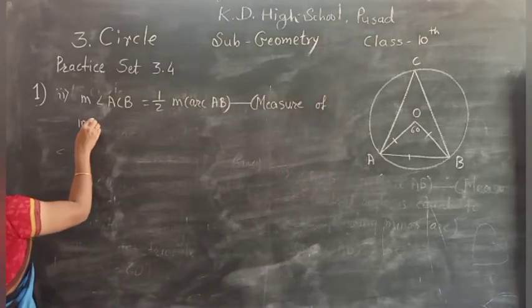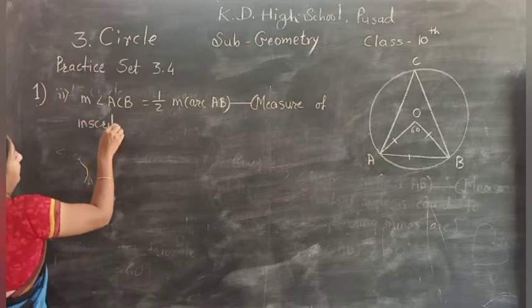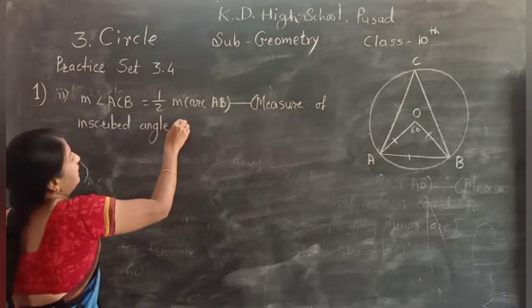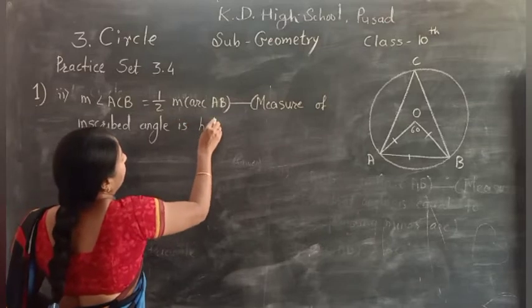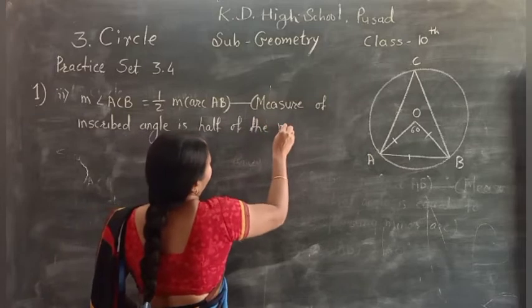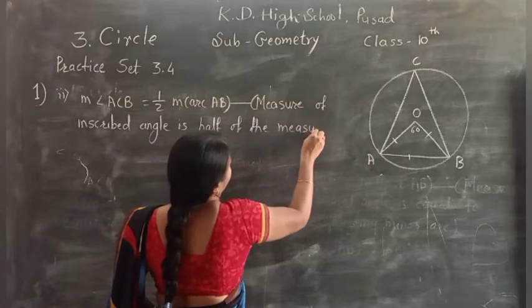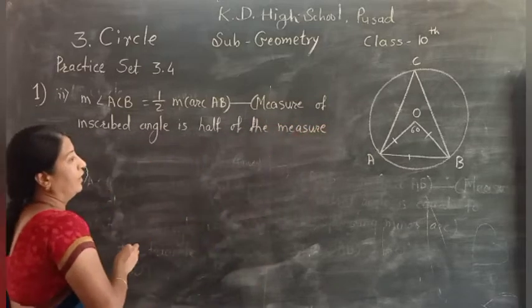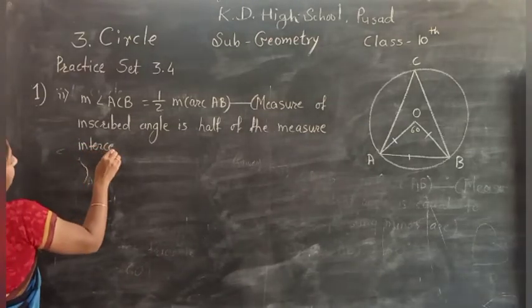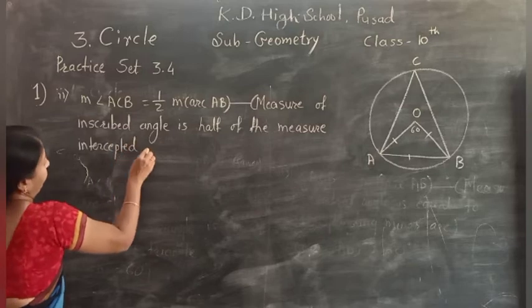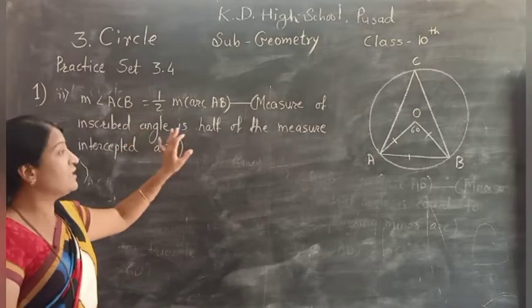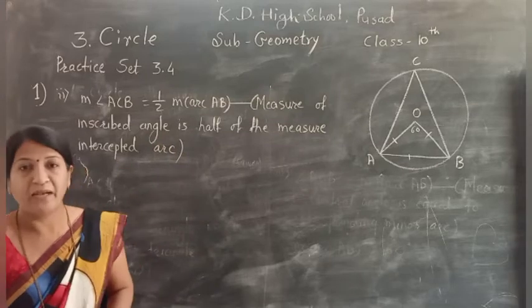Measure of inscribed angle is half of the measure of intercepted arc.